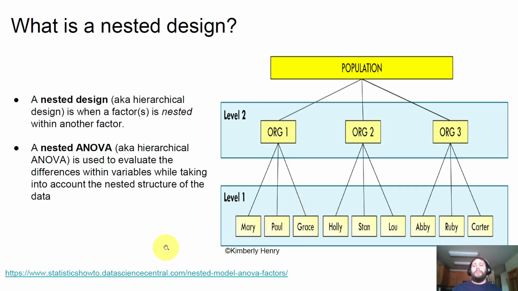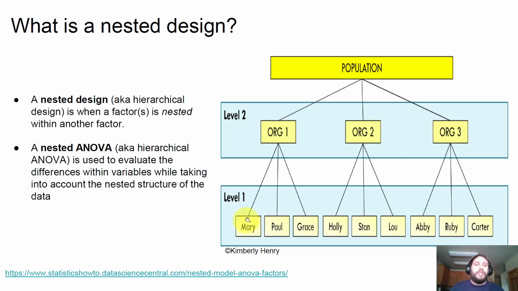So next thing I want to talk about is what is a nested design. A nested design, otherwise known as a hierarchical design, is when factors are nested within one another. A nested ANOVA is a particular type of nested design, also called a hierarchical ANOVA, and is used to evaluate the differences within variables while taking into account the nested structure of the data.